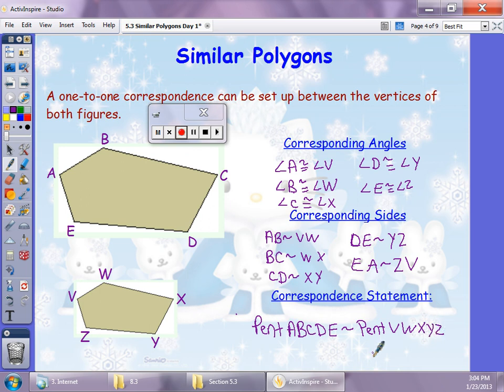Please remember too that when you're using similarity, you're going to use that squiggly or tilde for the corresponding statements instead of using the congruent symbol. You should, however, make sure that when you're talking about corresponding angles, you do use the congruent symbol since those angles are congruent, and when you talk about corresponding sides, you use the similar symbol or the tilde, which indicates that they are proportional but not necessarily congruent.